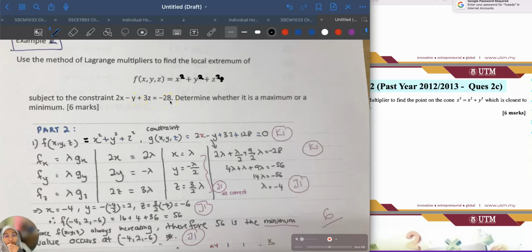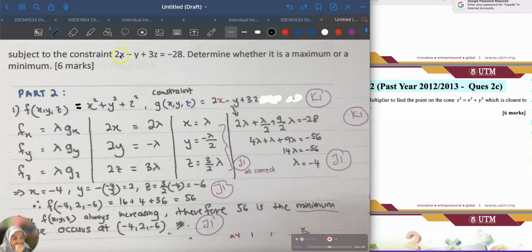Okay, so we just pick this to be g, and because we have a function in 3 variables, you have to have 3 terms here, fx, fy, and fz.